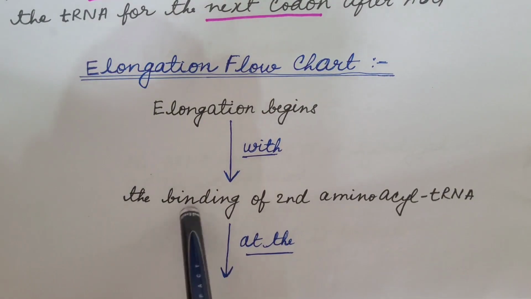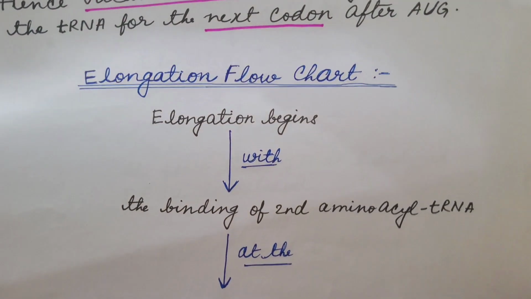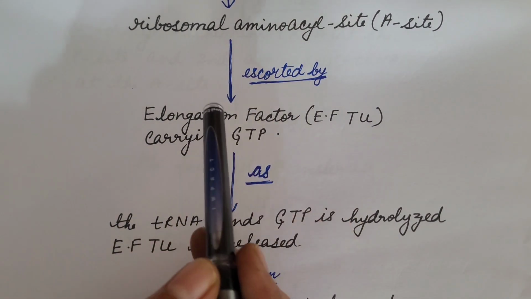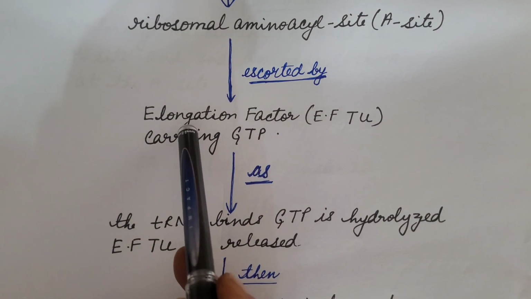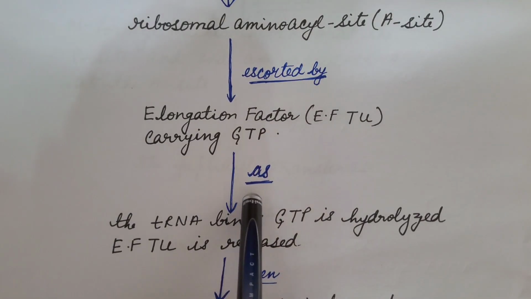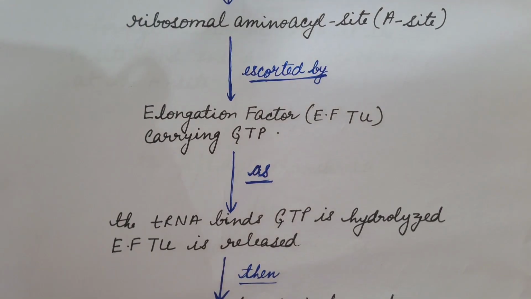Elongation begins with the binding of the second aminoacyl transfer RNA at the ribosomal aminoacyl site or A site. This is escorted by the elongation factor carrying GTP, that is EF-Tu. As the transfer RNA binds, GTP is hydrolyzed and EF-Tu is released.